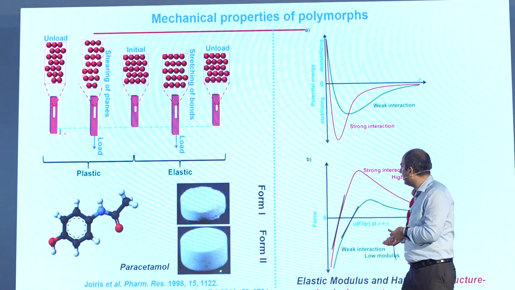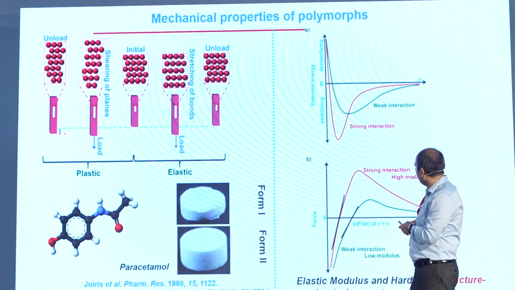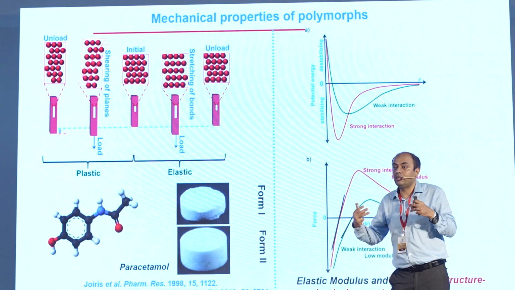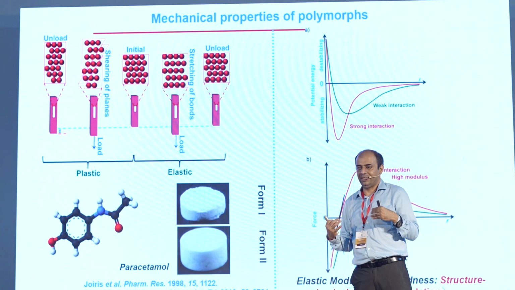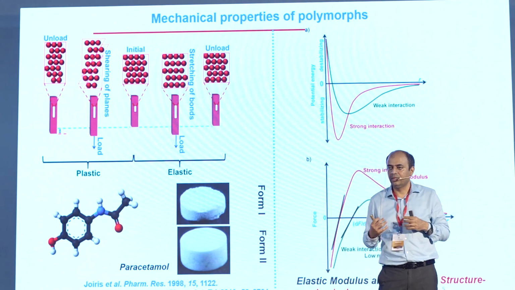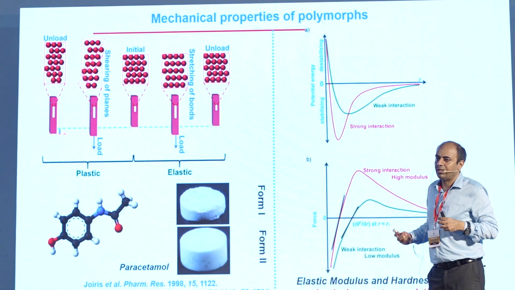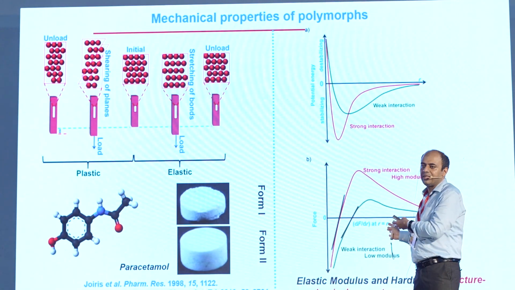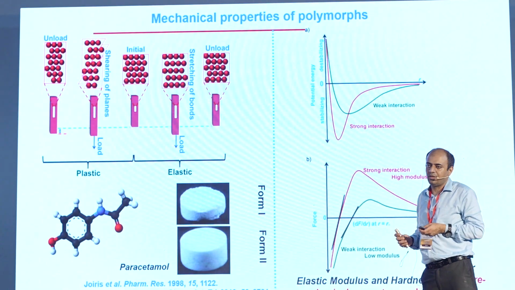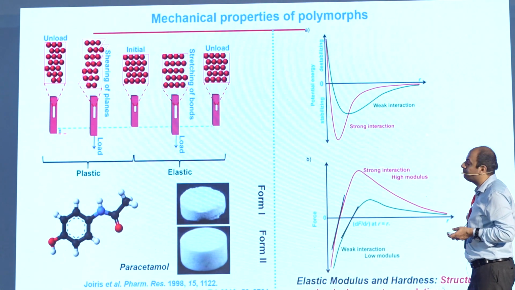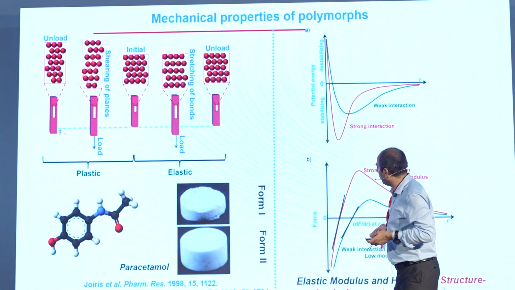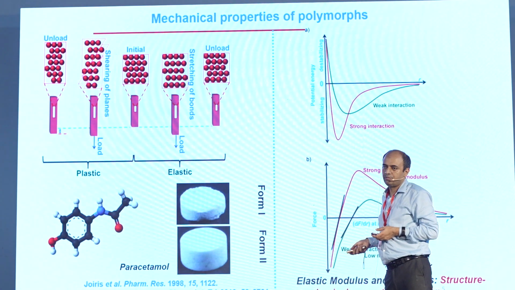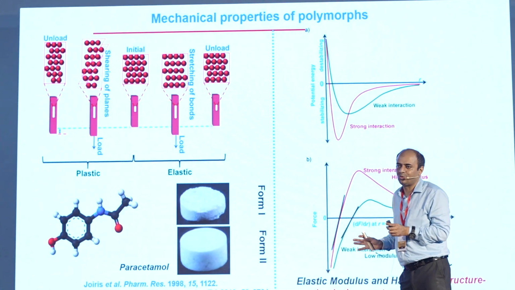But normally it has been attributed to a model where the nature of interactions is different in 2 different polymorphs, and that decides the hardness and the ability to withstand mechanical pressure. Grain boundaries are a very important concept in metals and oxides, but not really explored here. We still need to look at grain boundaries. But most of the time it is attributed to the packing, that the nature of the packing decides the mechanical properties of the particular polymorph. That is how the subject has evolved in the last 2 decades.